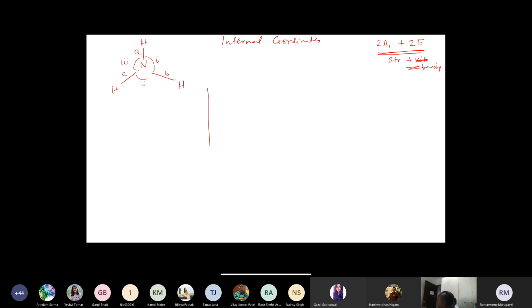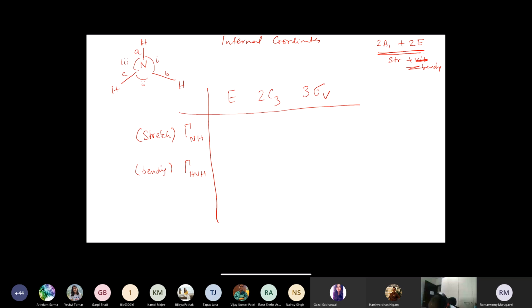Now I just draw the character table once again. I have E, 2 times C3, 3 times sigma V. I'm going to do tau NH, which will essentially give me the stretching vibrations. And I'll do a tau HNH, which will give me the bending vibrations.